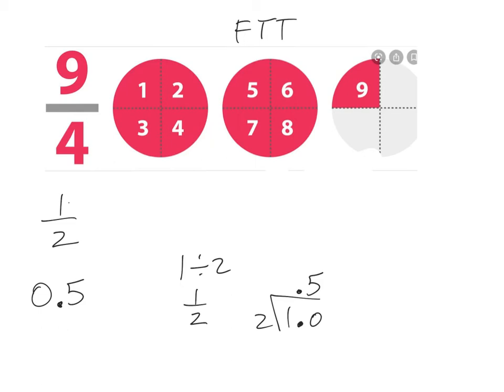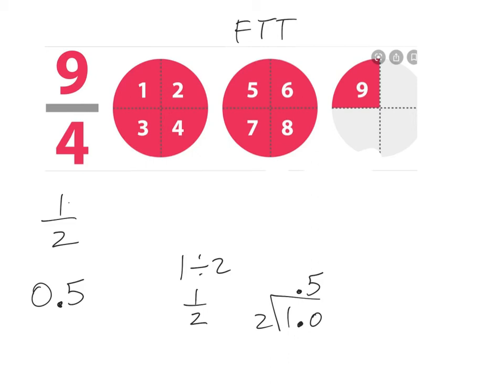So FTT is something I taught myself a long time ago, and it just basically means the first number, the top number, goes in the trap so you know which one goes into the trap when you divide, and it also goes in your calculator. So I would put 1, division symbol, 2. By the way, this means division if you haven't figured that out yet. 1 divided by 2, and then when I actually do it longhand, that's how it works.